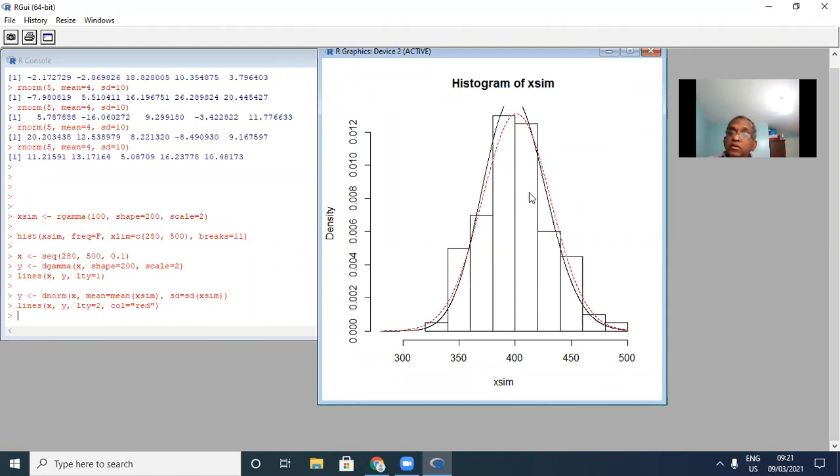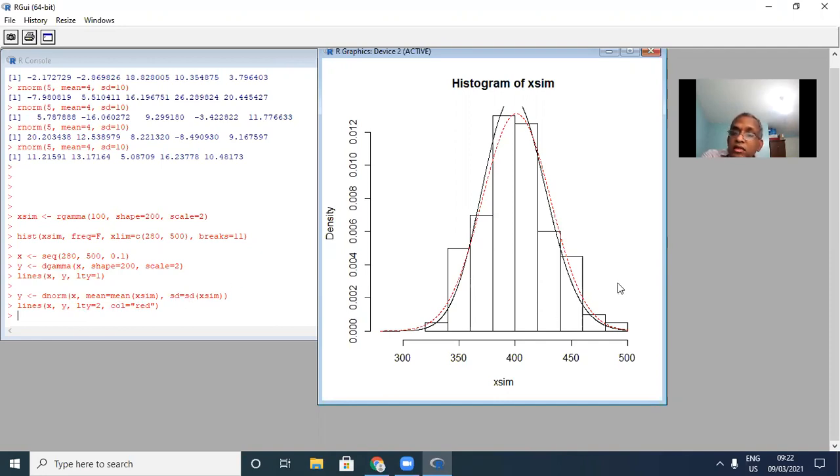And then on top of the histogram of the simulated data, I plotted the density of a gamma, the same gamma that I simulated from. And then finally, I plotted on top of that also the density of a normal, with the parameters taken to be the mean and the standard deviation of the data.